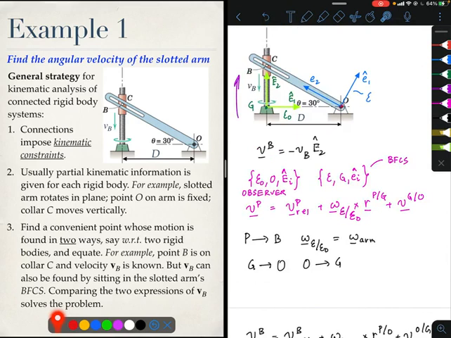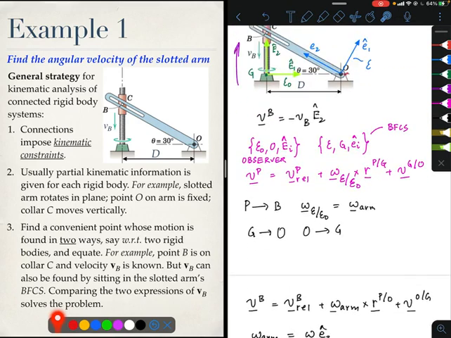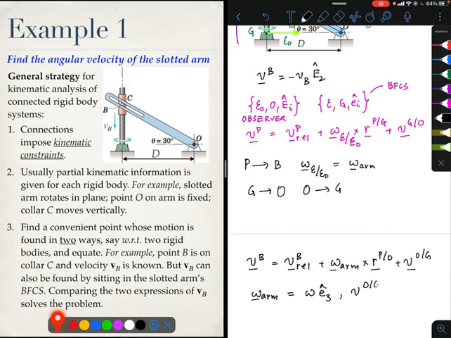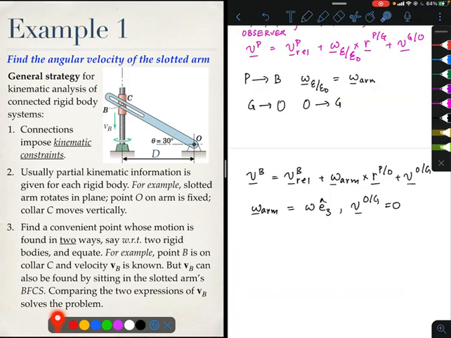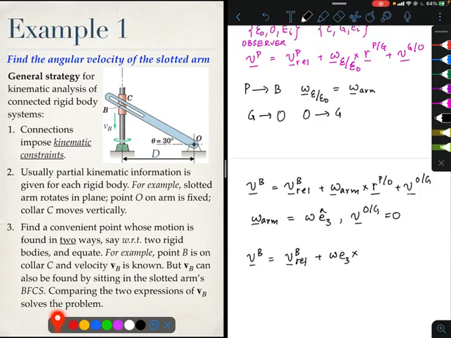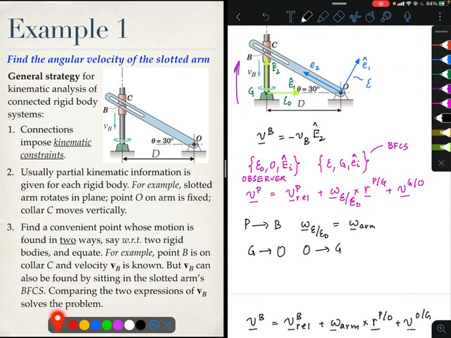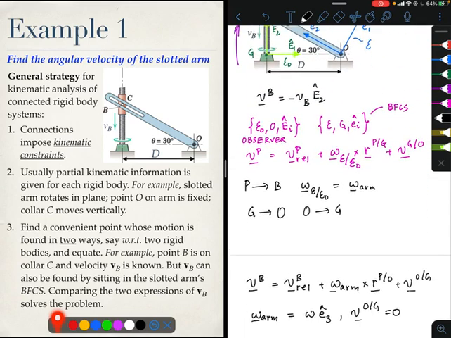E3 was out of the paper. The point O is fixed with respect to G. So in the observer frame, O remains fixed. That means VOG is 0. So with these we can write down this formula as VB is VB rel plus omega E3 cross, what is RPO? Well, it's not RPO, it's RBO.